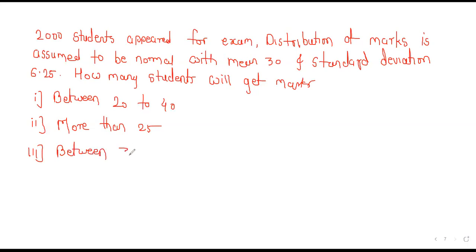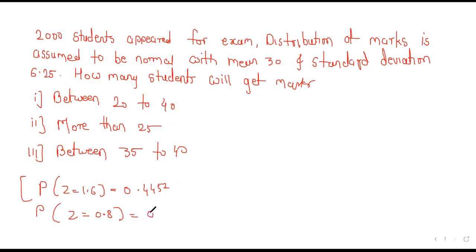We are given probability at z equal to 1.6 is 0.4452 and probability at z equal to 0.8 is 0.2881.